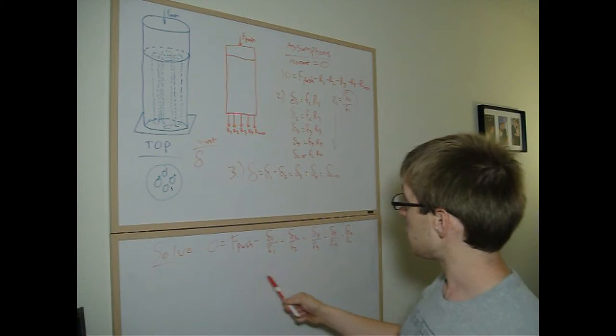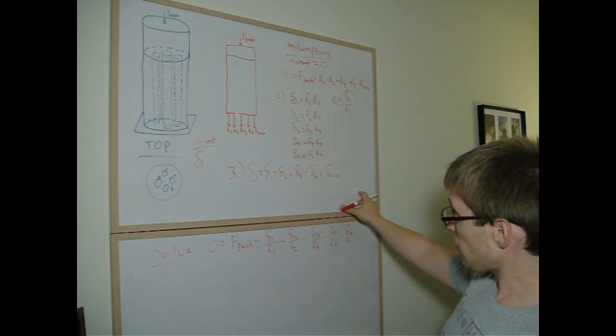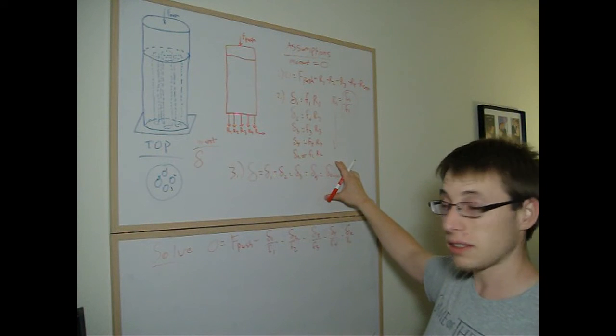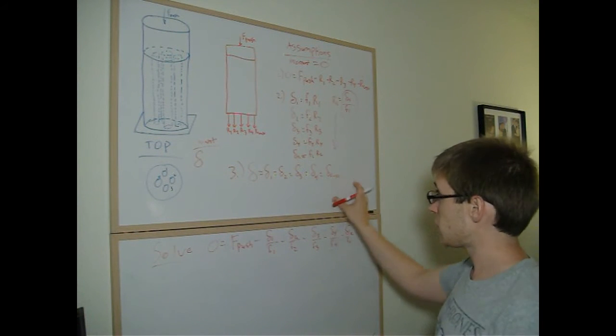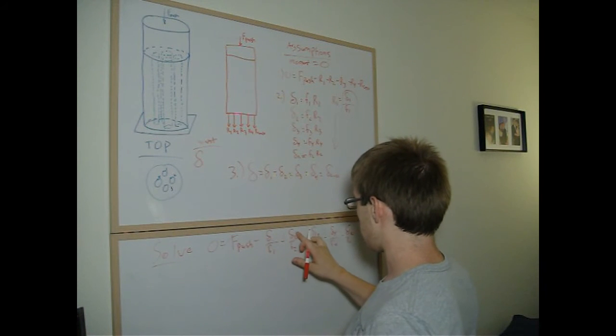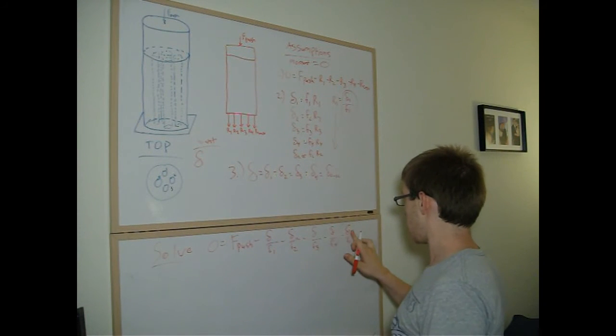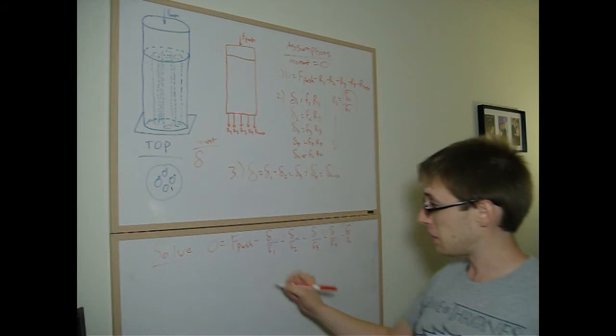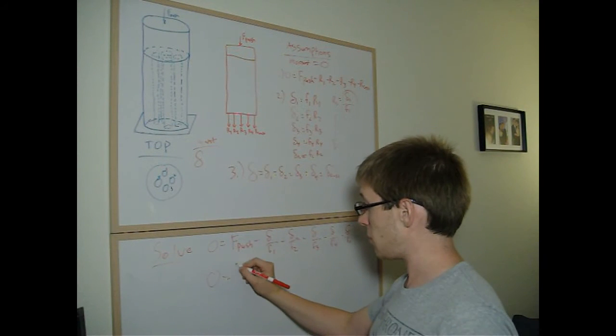Then we want to take into account this compatibility equation, so we can just change all these deltas to delta. I'll just get rid of all the subscripts here. Now we can pull out a delta from all those values.